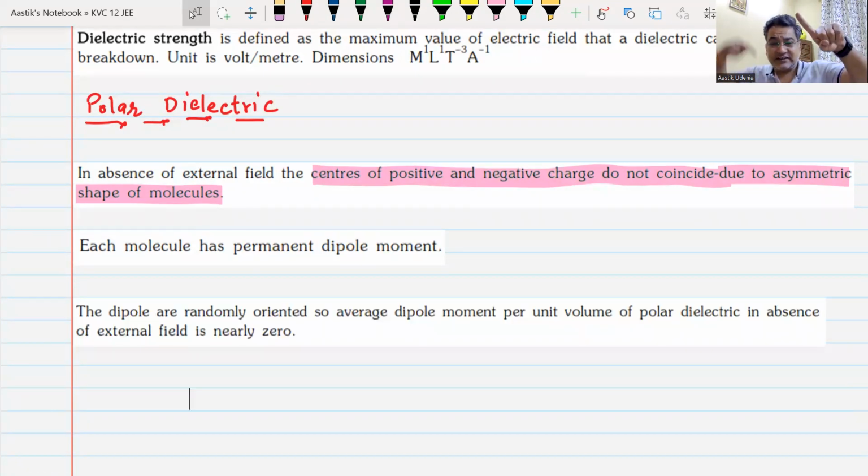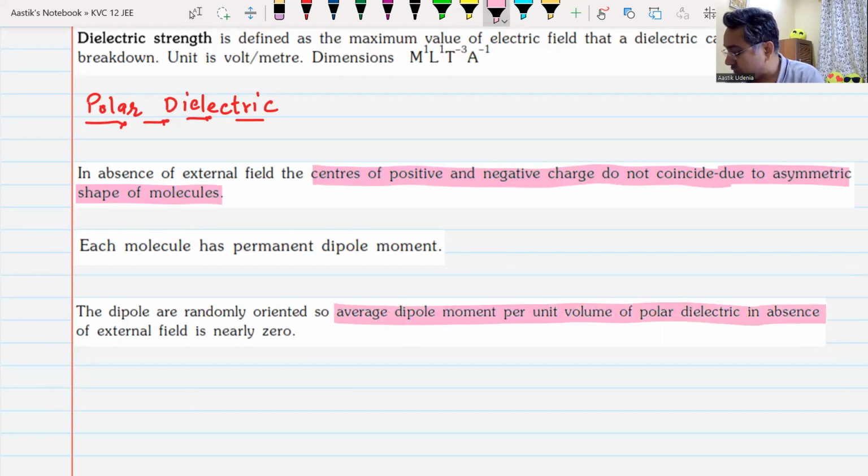If one dipole moment is like this, another would be like that. So basically their average dipole moment is almost zero. The average dipole moment of this material per unit volume in the absence of an electric field is nearly zero, because they randomly cancel each other out, remembering that dipole moment is a vector quantity. Do we understand this? Understood, sir.